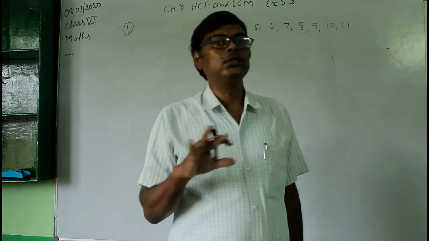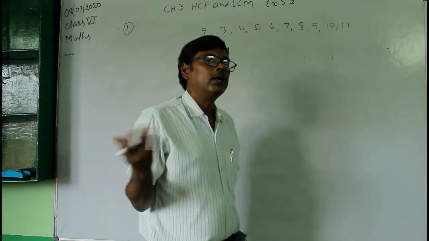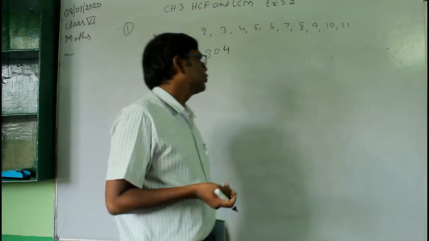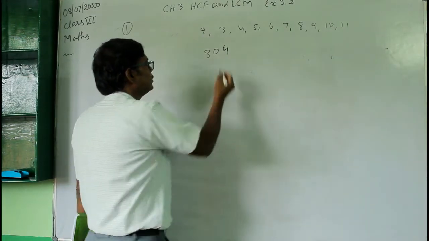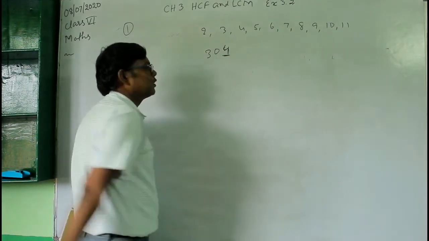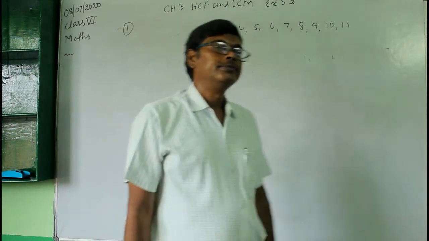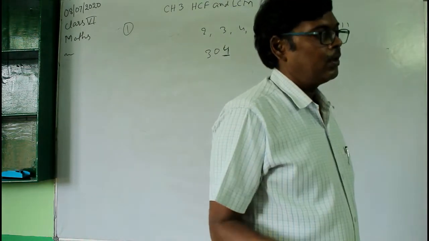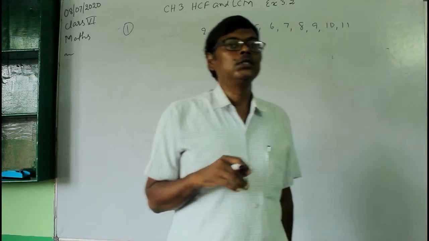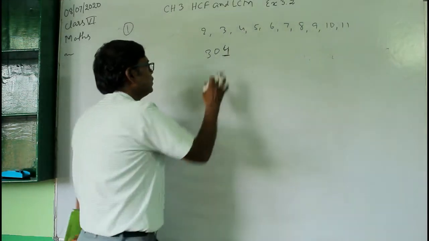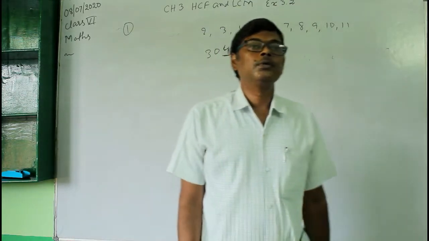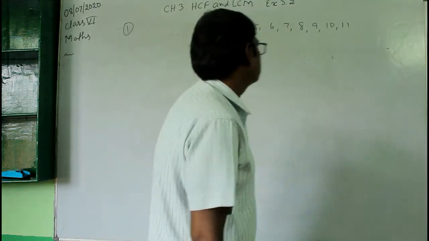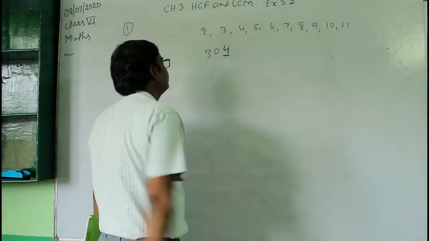Here we will not divide. Without division we will find the test. Here the test is very simple. In case of 2, you see the ones digit of the given number. If it is even, this number will be divisible by 2. So this number is divisible by 2.